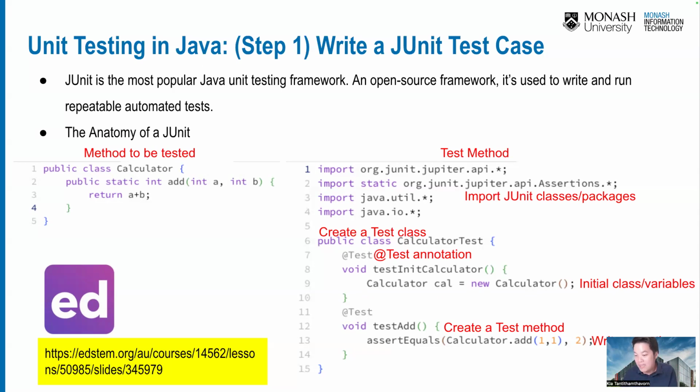So we want to test whether the output from Calculator.add, 1 plus 1, is equal to 2 or not. Make sense? This is how we write the assert statement.